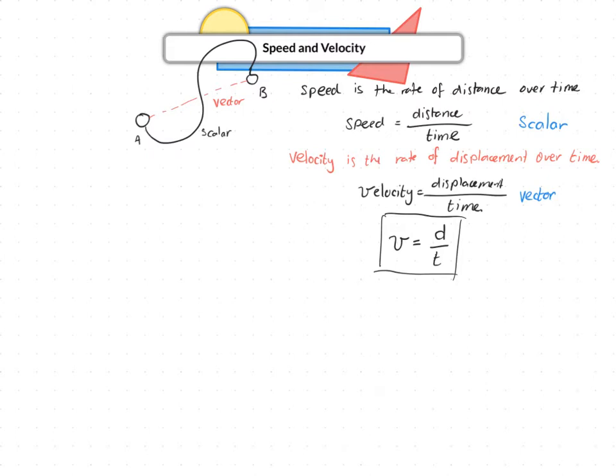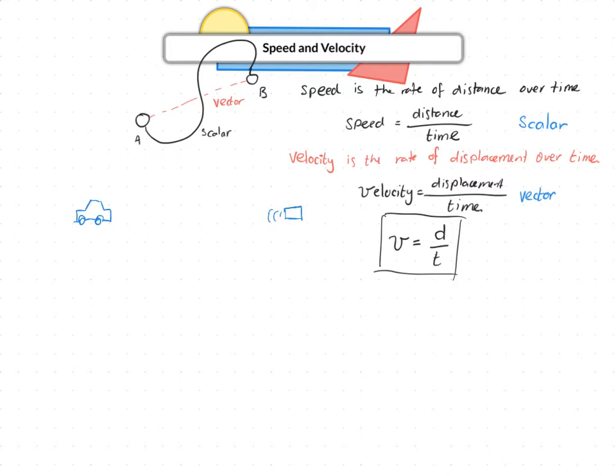So let's look at an example. Let's say here we have a car, and a police officer is standing over here with a speed camera pointing at the car.